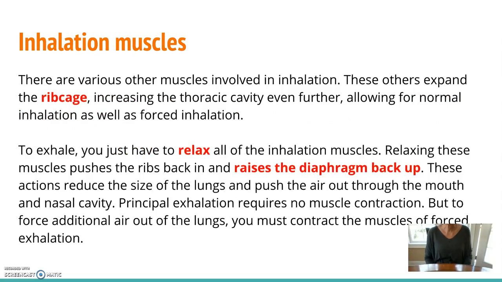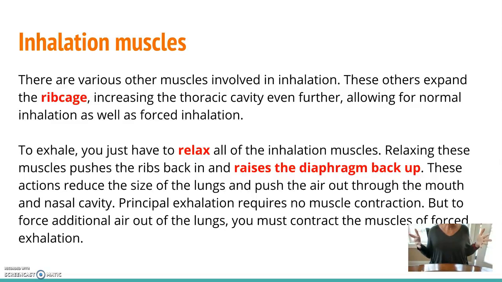There's also some other muscles involved in inhalation. These others are there to expand the rib cage. That further increases the thoracic cavity so that it allows for inhalation to take place. And you also have something called forced inhalation.